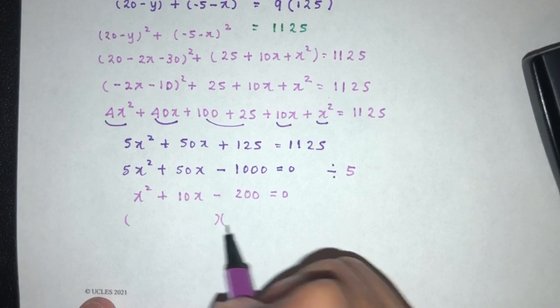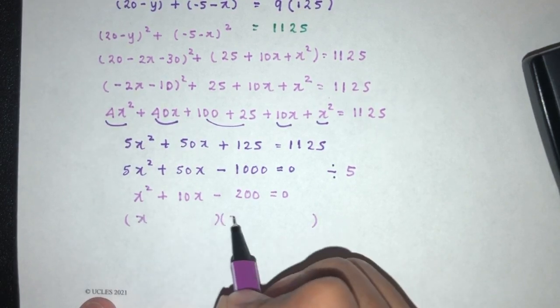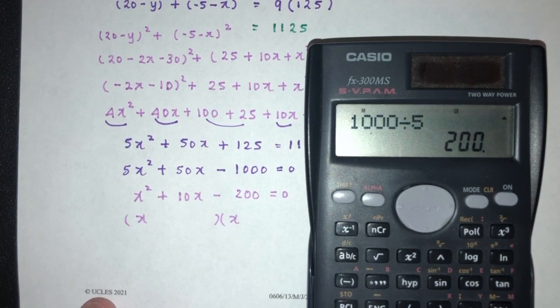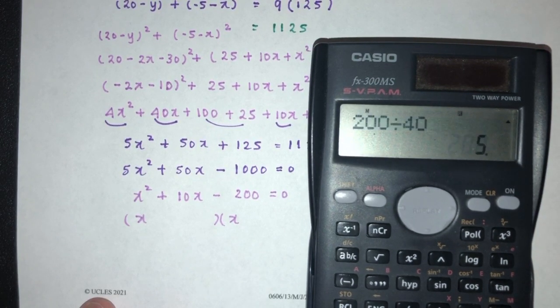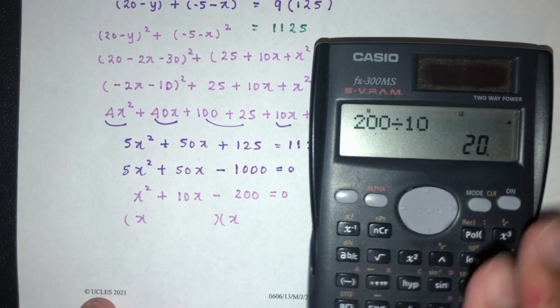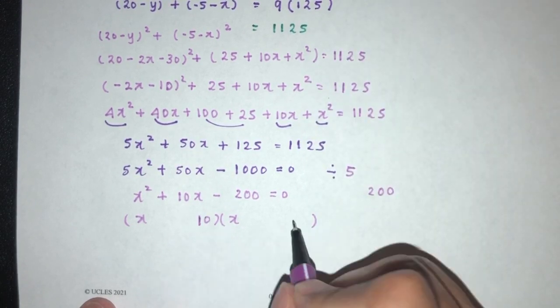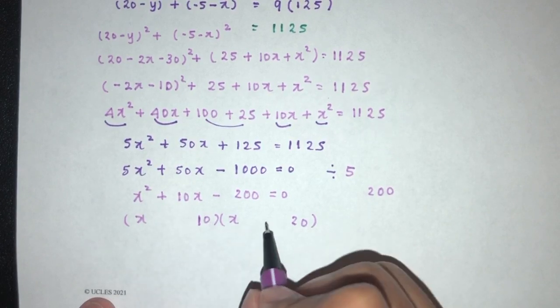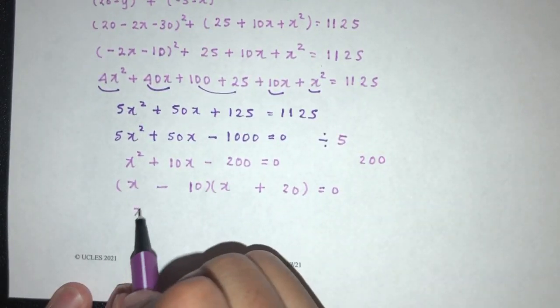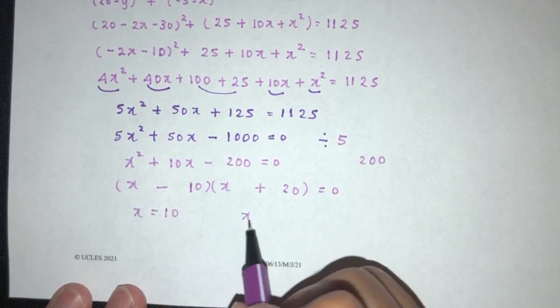Now we can factorize and see what happens. That will be x times x. So 200 can be what? 200 divided by 10 gives 20. So perfect, that will be 10 or 20. To get plus 10, we have to have plus 20 minus 10. So x can be 10. x can be minus 20.